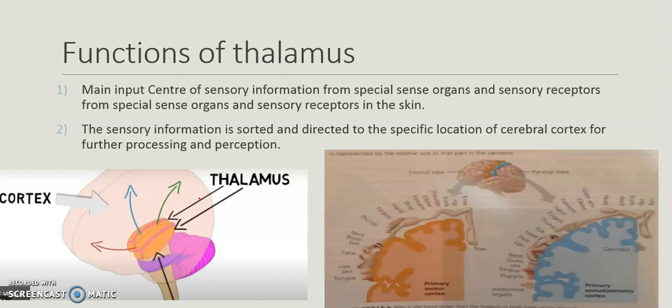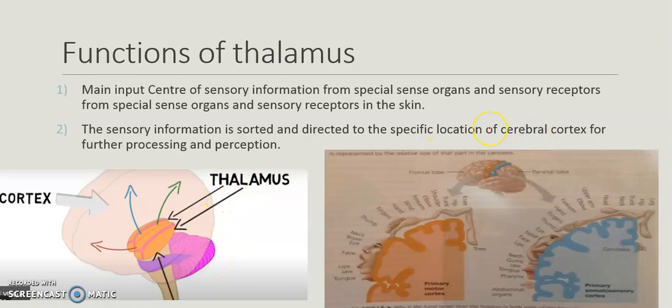Special sense organs are the 5 sensory organs that we have in our body: eye, ear, nose, tongue and skin.